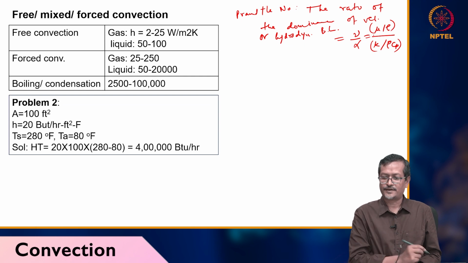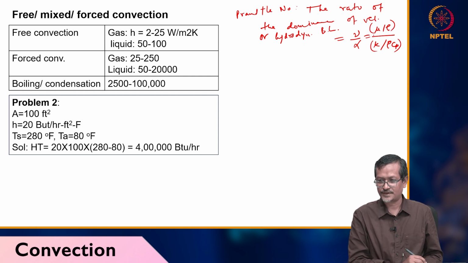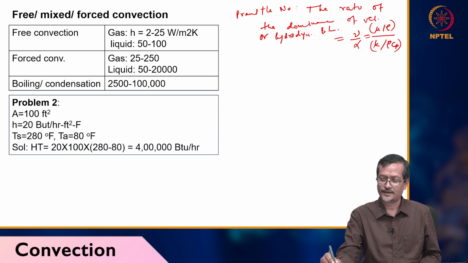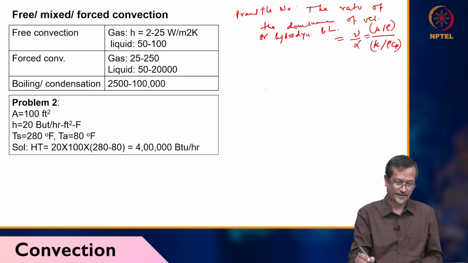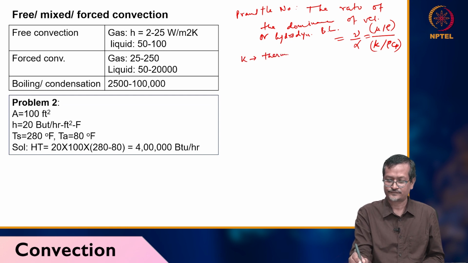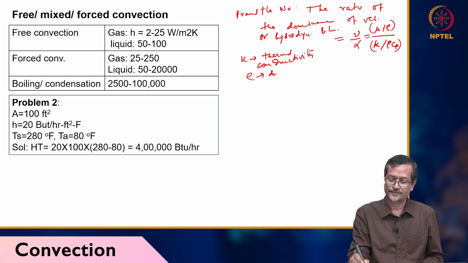Nu is kinematic viscosity, dynamic viscosity divided by rho, and k is thermal conductivity, rho is density, Cp is specific heat.